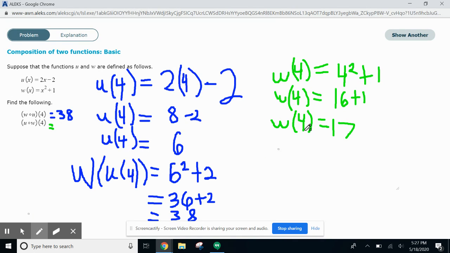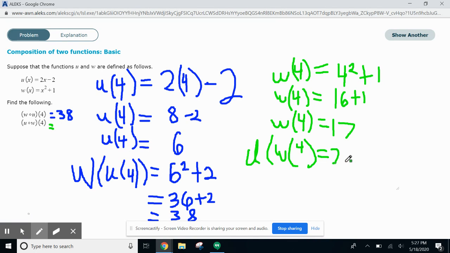All right, now I got to plug in 4 for w for u. So now u is going to be on the outside. U of w of 4. So now we know this is 17. 17 is going to go in for u.